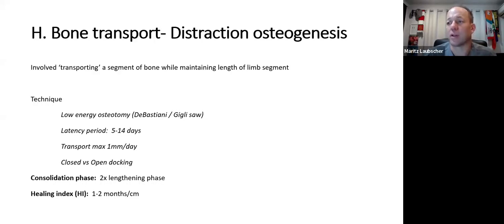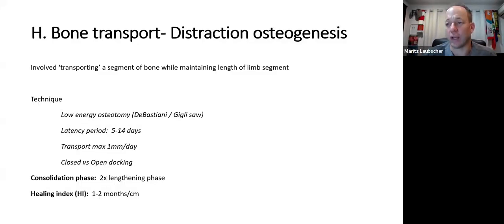The one that's mostly used is a pre-drilled osteotomy as described by De Bastiani. Another alternative is using a Gigli saw. I don't like that because you need to pass the Gigli saw around the bone and make sure you don't entrap any neurovascular tissue. You need to observe a latency period, and this is for the healing to start. In the described literature, this can be anything between 5 and 14 days.